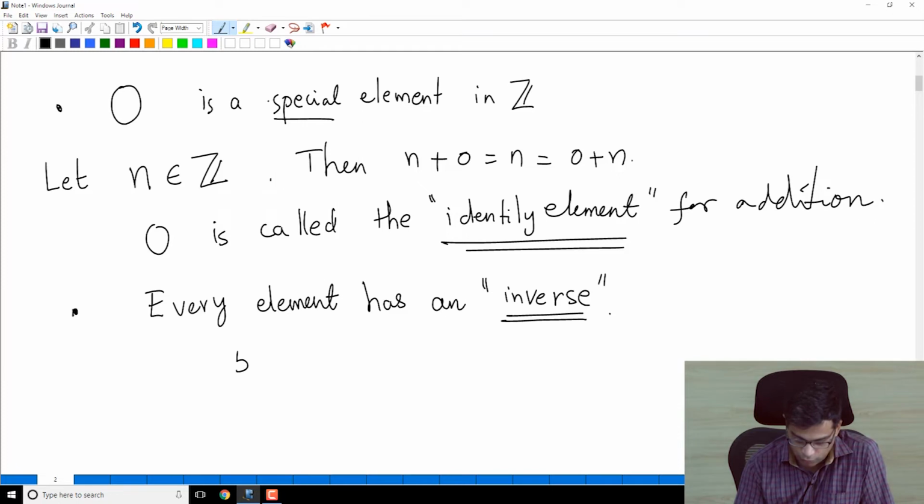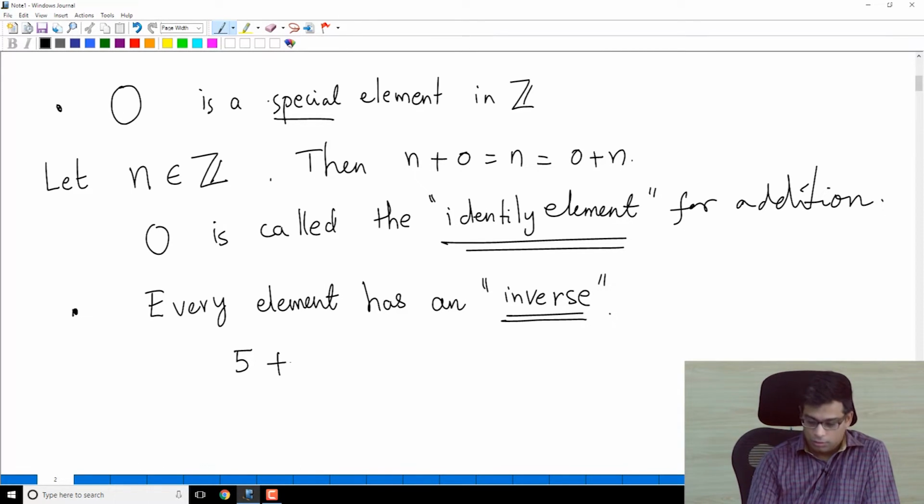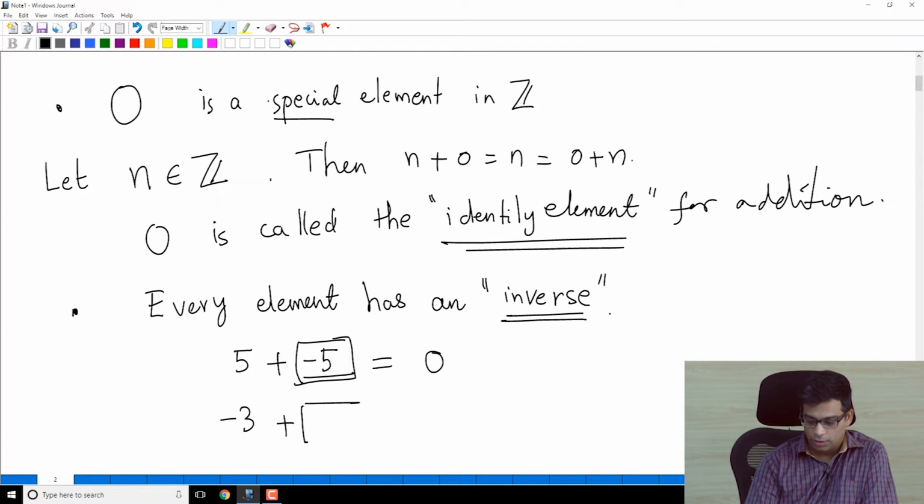So, for example, what element do we want to add to 5 to get 0? That element is obviously minus 5. If you want to add something to minus 3 to get 0, you will add 3.